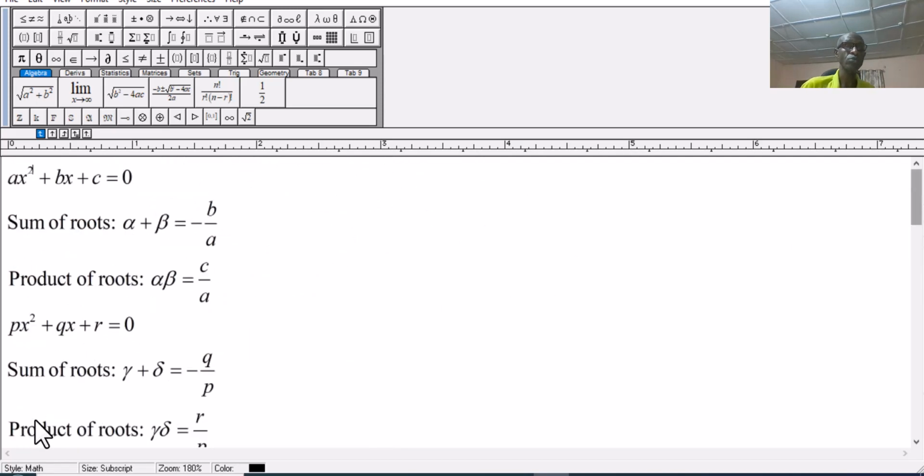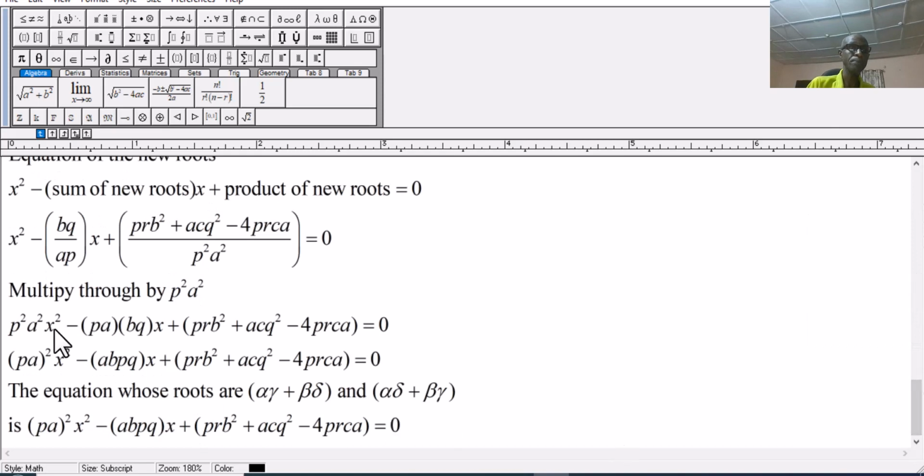That's how to go about solving this problem of quadratic equation. I hope you find it interesting.